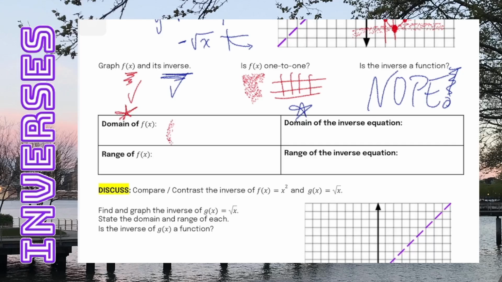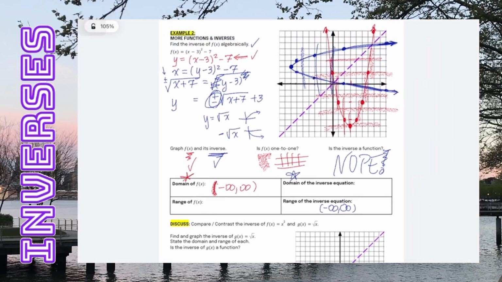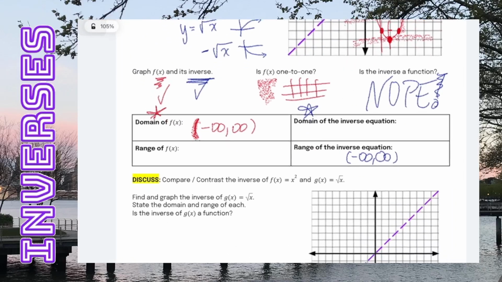The domain of the red parabola was all real numbers, that would be negative infinity to infinity. That ended up becoming the range of my inverse equation. So that blue graph right there, the range from bottom to top is all real numbers, negative infinity to infinity.